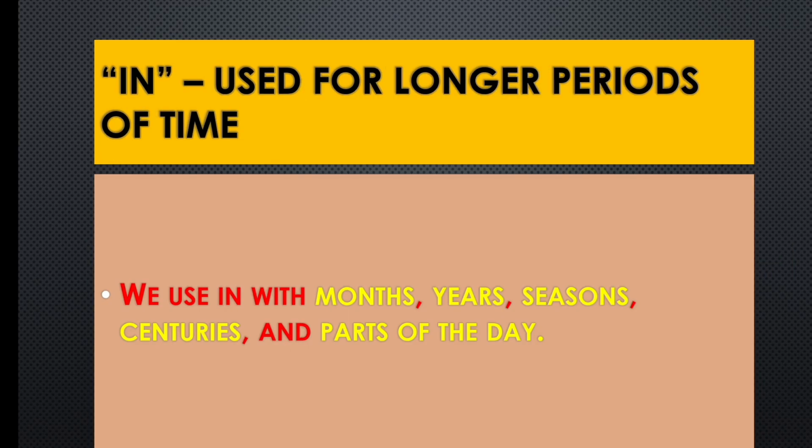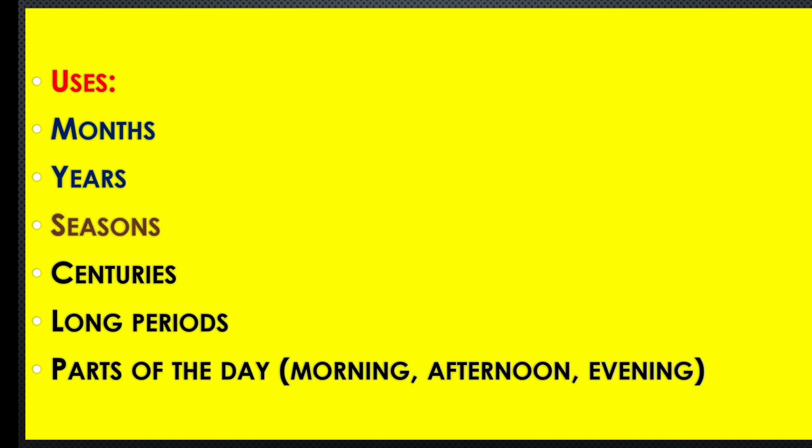First one, in. When do we use the preposition in when we are talking about time? My dear students, we use in when we are talking about longer periods of time. I repeat once again, we use in when we are talking about longer periods of time, not shorter periods. That is, we use in with months, years, seasons, centuries, and parts of the day.